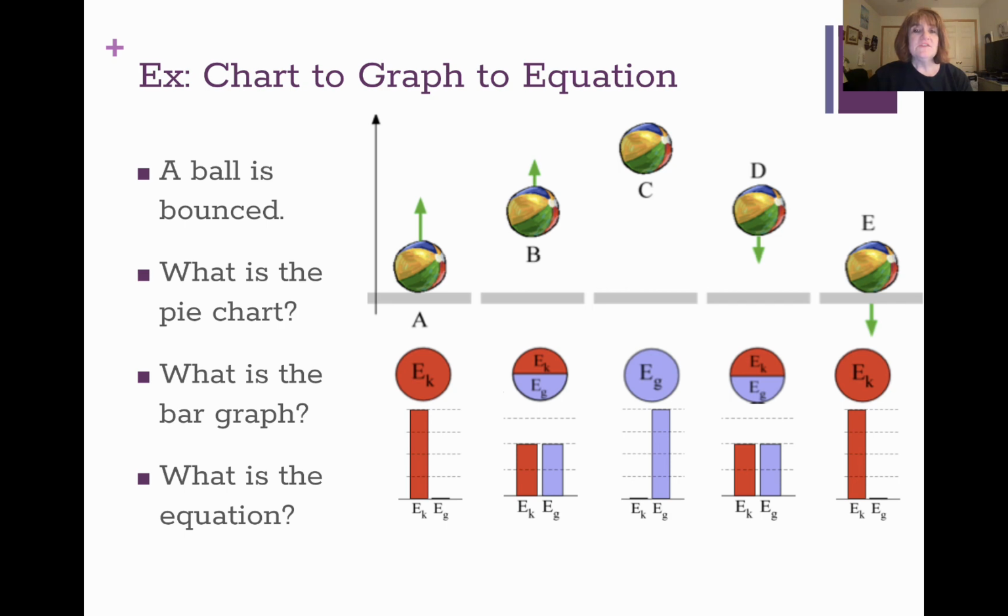Now the equation is just the bar graph as if you had to read it out loud.